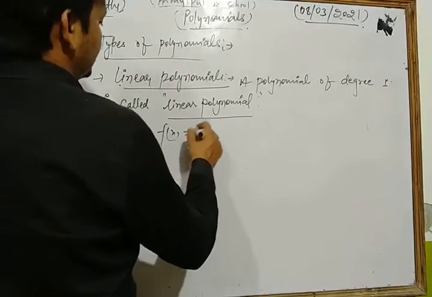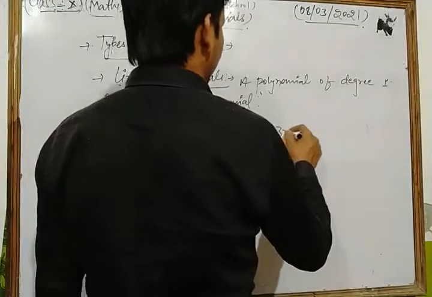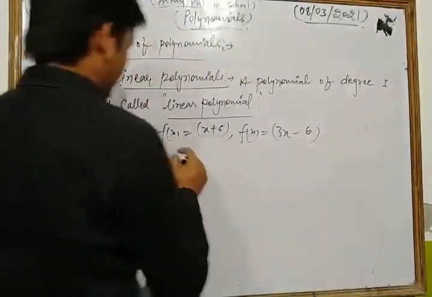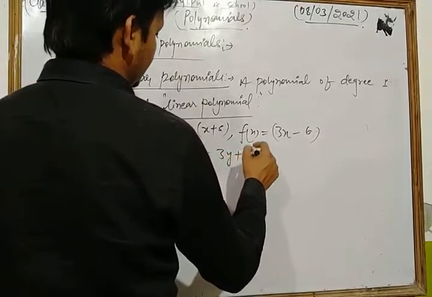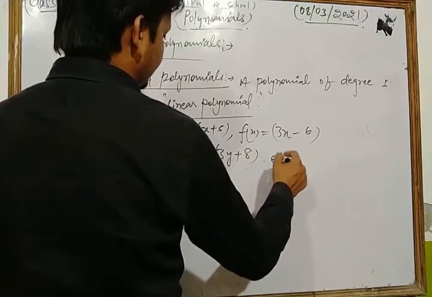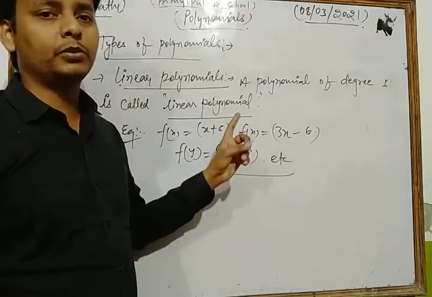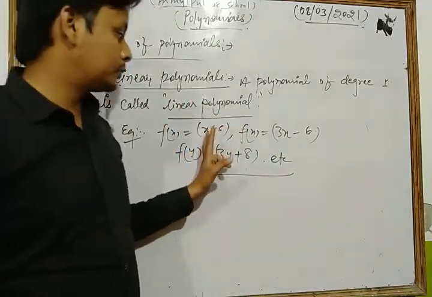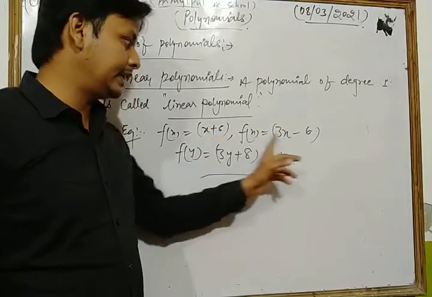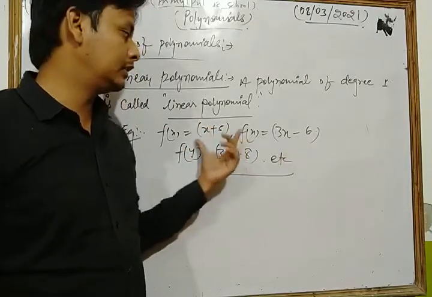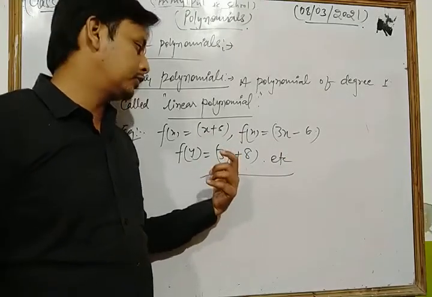Like this example: suppose we take x plus y, and another polynomial f of x equal to 3x minus 6, and another p of y equal to 3y plus 8, etc. These are all linear polynomials. Why are they called linear polynomials? Because the highest power of the variable x is 1. In the polynomial in variable y, the highest power of the variable y is 1.